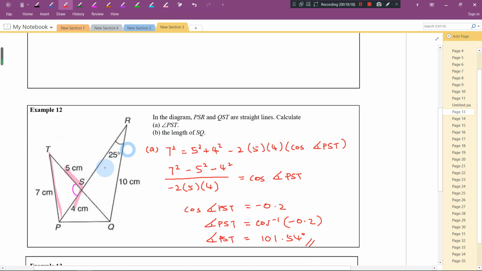So this is the answer for this part. As usual, once we get the answer, label it on the diagram. Let me erase this part first.